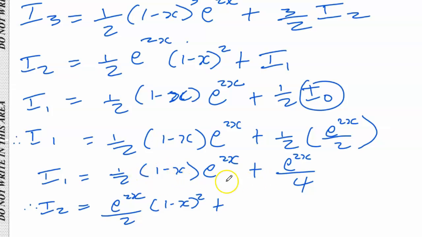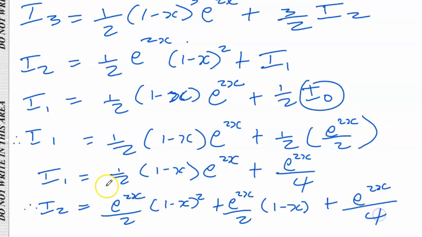Let me write it as e to the 2x over 2 into 1 minus x, plus e to the 2x over 4.